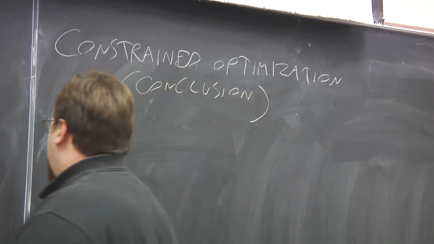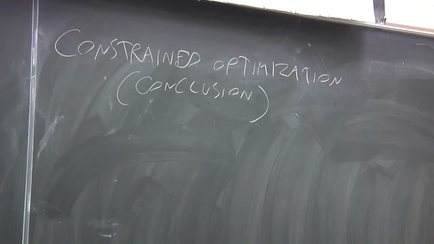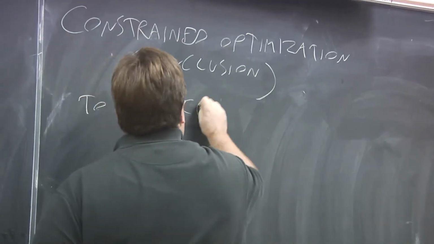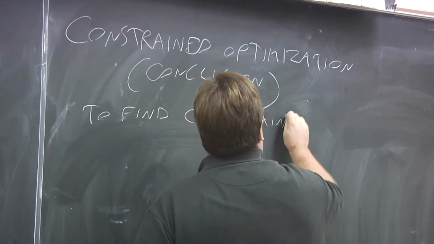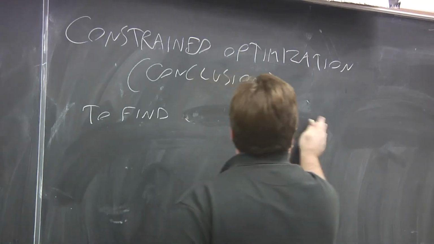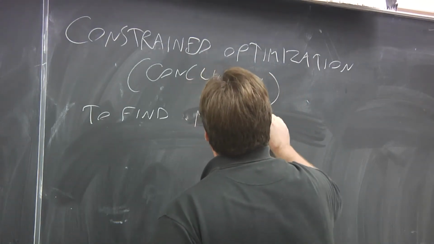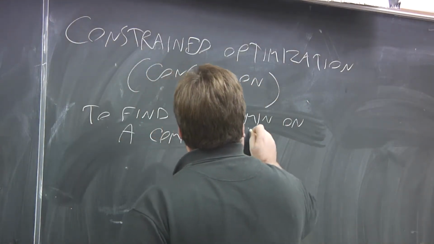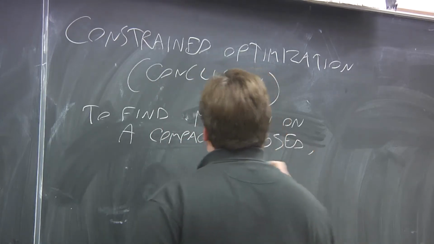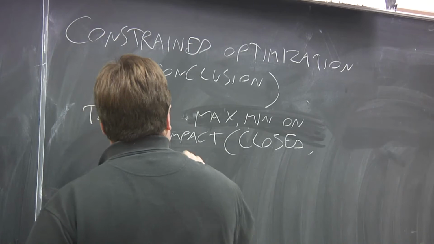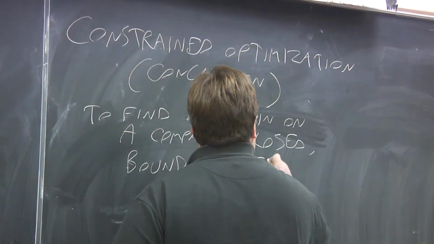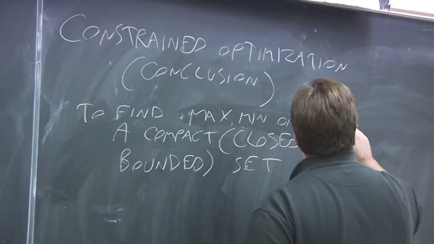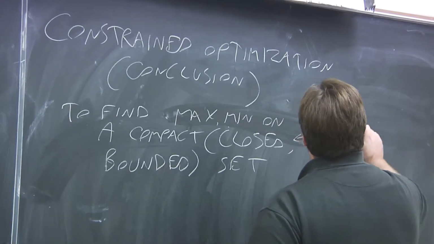Okay. Now, one thing I had mentioned at the end of last time was this. To find a maximum or minimum on a compact, in other words, a closed and bounded set, and by closed, I mean that the boundary of the set is included.